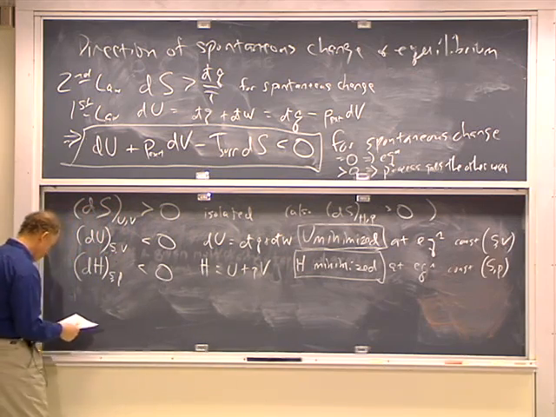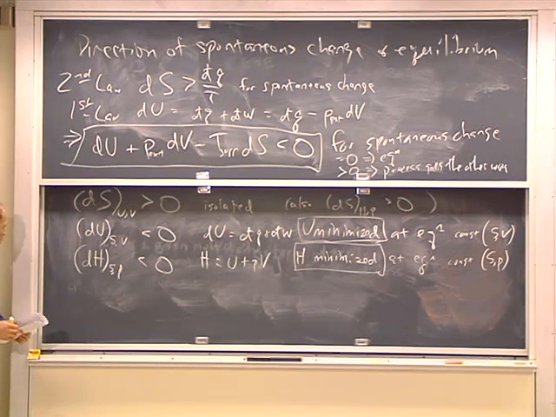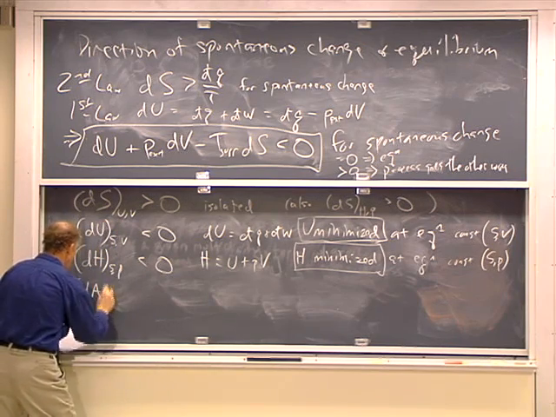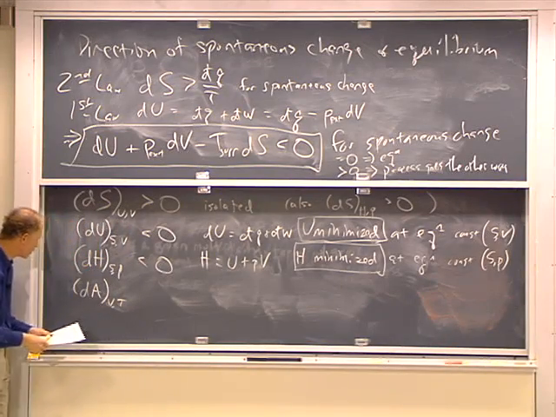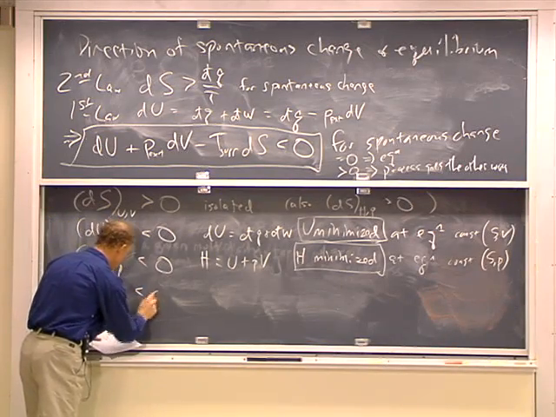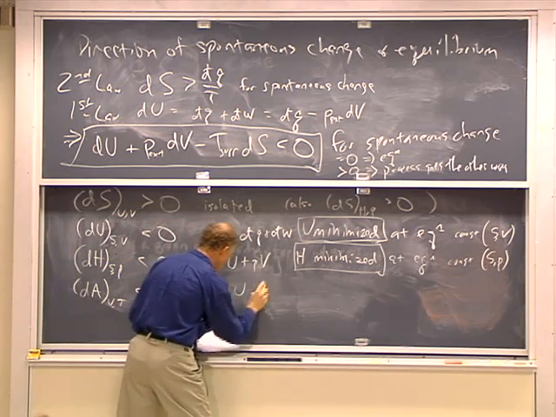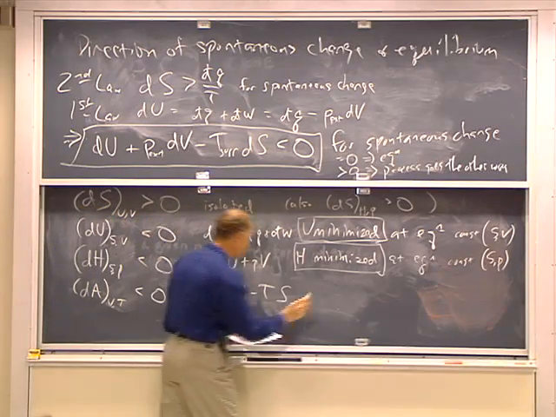to keep control over. And so that led us to the definitions of other energy quantities, the Helmholtz and Gibbs free energy. We discovered that the quantity dA under conditions of constant volume and temperature is less than 0, and A is U minus TS.